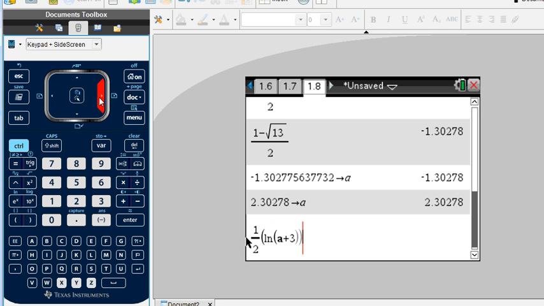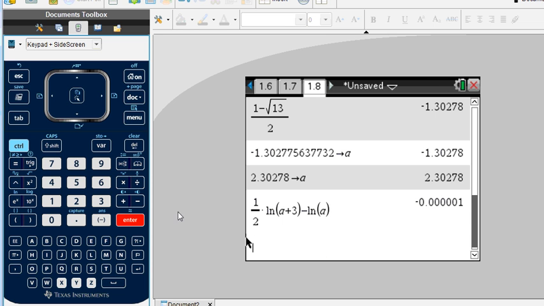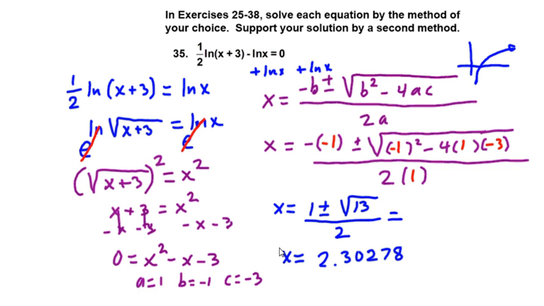And then we're going to have minus ln, natural logarithm of a. And we should get 0 if we're correct here. And yeah, we get negative 0.000001, so negative 1/millionth, which is very close to 0. So that's really a demonstration that our answer here is correct.